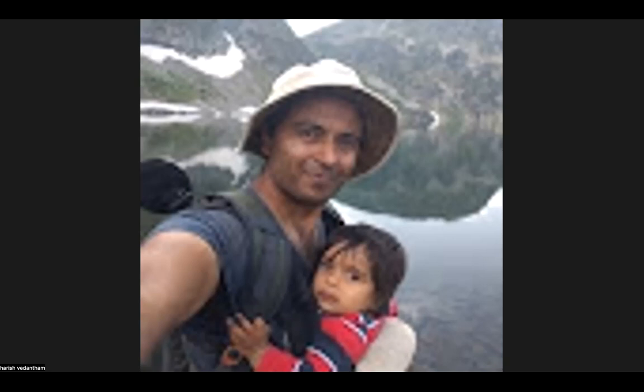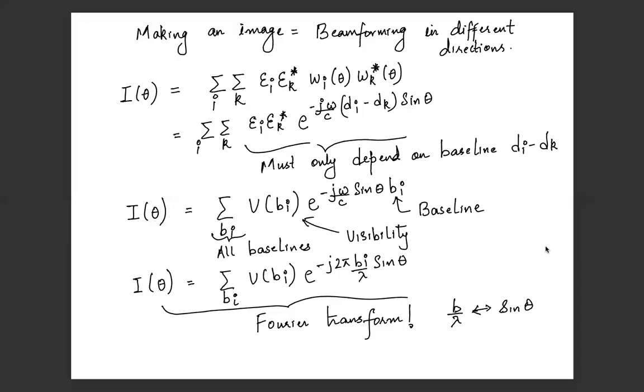In the same way, we have that baseline in units of lambda and angle on the sky are Fourier conjugate variables. And that's basically where our essential insight in interferometry comes from. So in interferometry, all you have to do is measure this visibility function as well as you can, and then basically take a Fourier transform, and then you'll get an image of the sky. And that's the basic insight of interferometry.